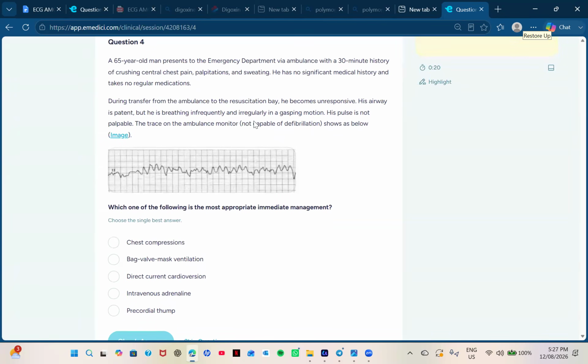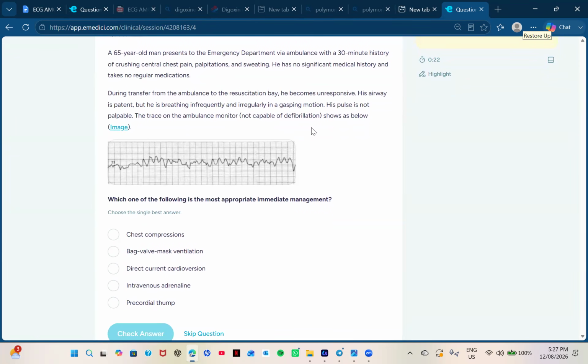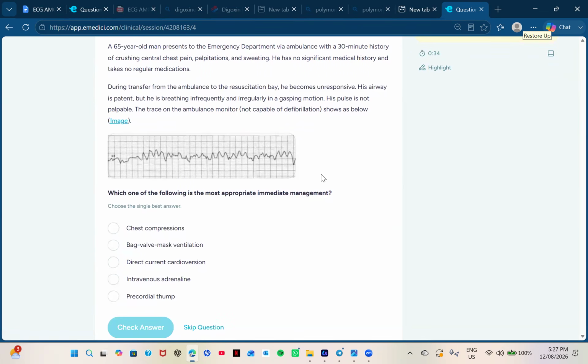During transfer in the ambulance he became unresponsive and collapsed. His airway is patent, but he is breathing infrequently, with gasping breathing. His pulse is not palpable. The trace on the ambulance monitor, not capable of defibrillation, shows as below. In this case, what do you need to give?